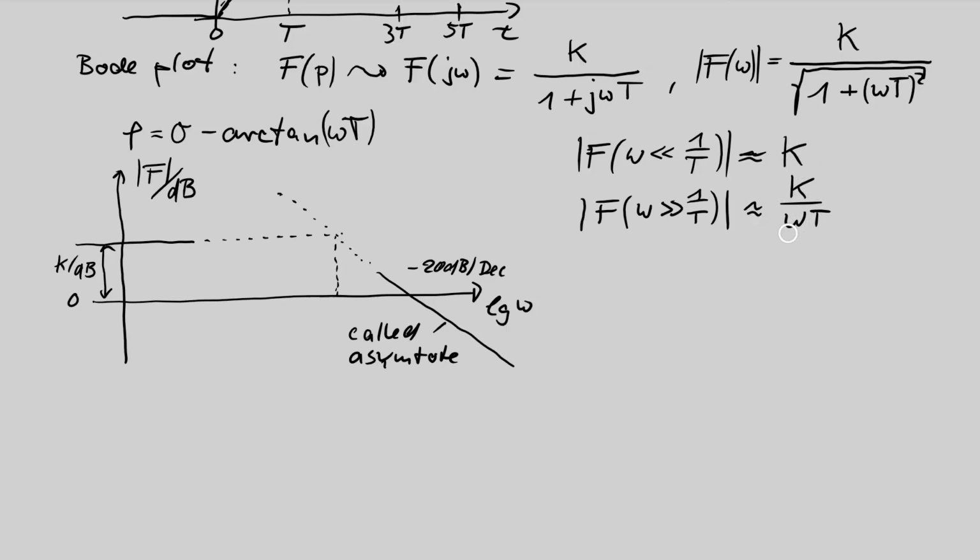The cross point is where both are equal. This is the case if omega is 1 over t. So if we have an omega value of 1 over t, both curves are crossing.